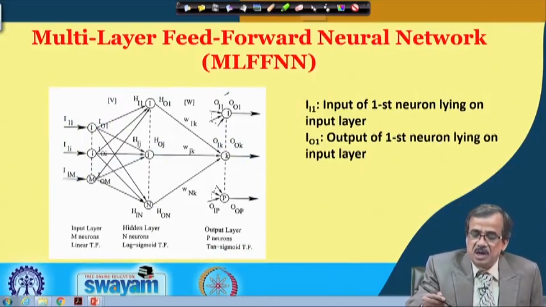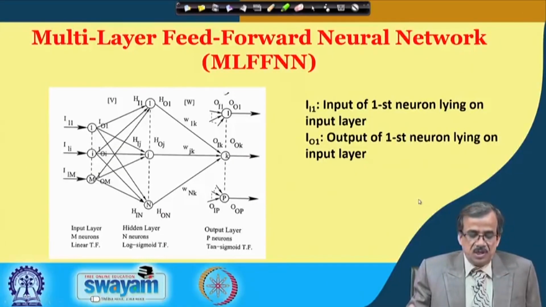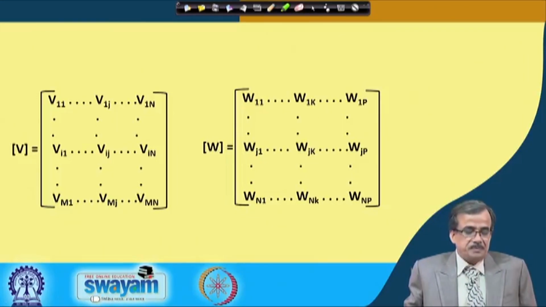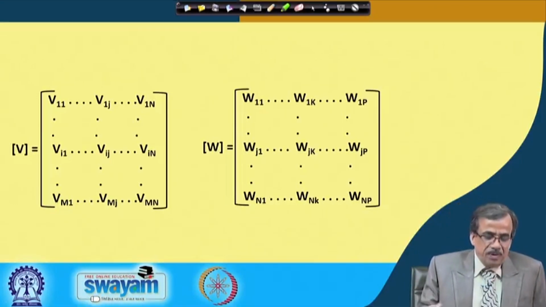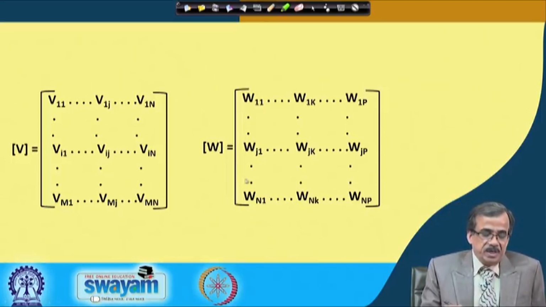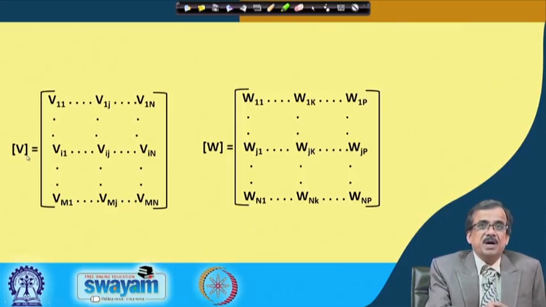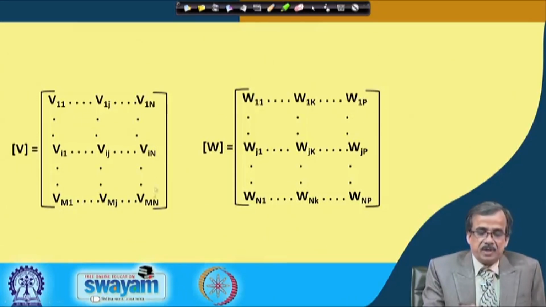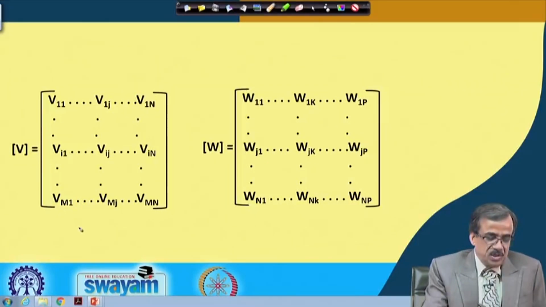Now, let me see how to carry out the forward calculation for this network. Before I go for that, I have already mentioned that V is the matrix of connecting weights between the input and the hidden layer, and this is an m cross n matrix.